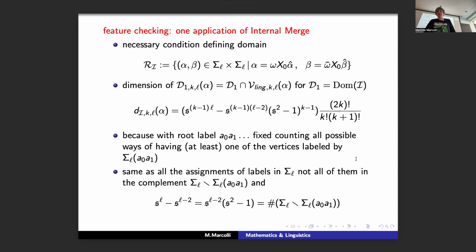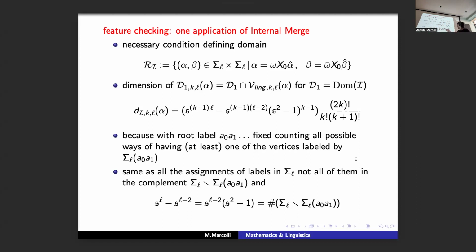And so you can compute the dimension of the place that you're looking for that is matching the conditions. And you can see how this is growing.